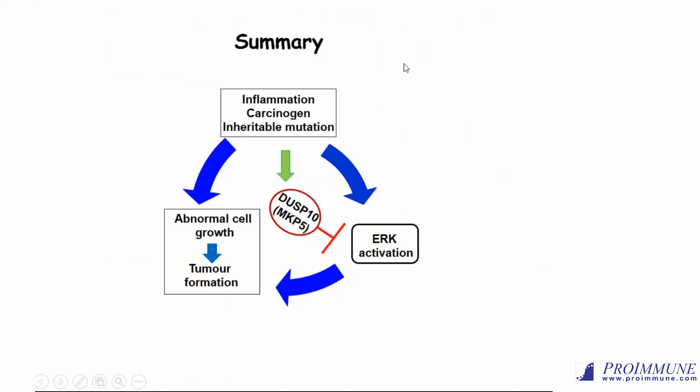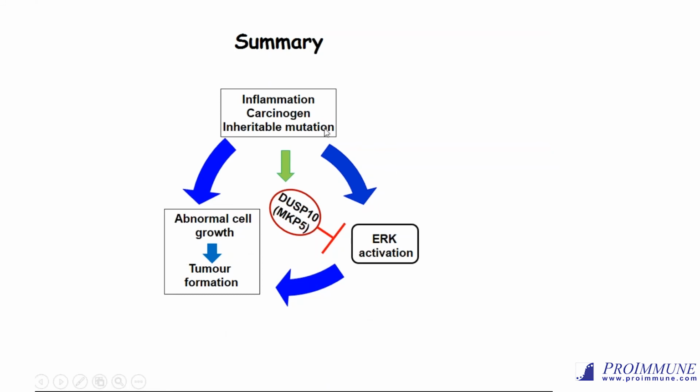So in summary, we found that inflammation, carcinogen stimulation, or inheritable mutation could cause abnormal epithelial cell growth in the gut, which will promote the formation of colorectal cancer.